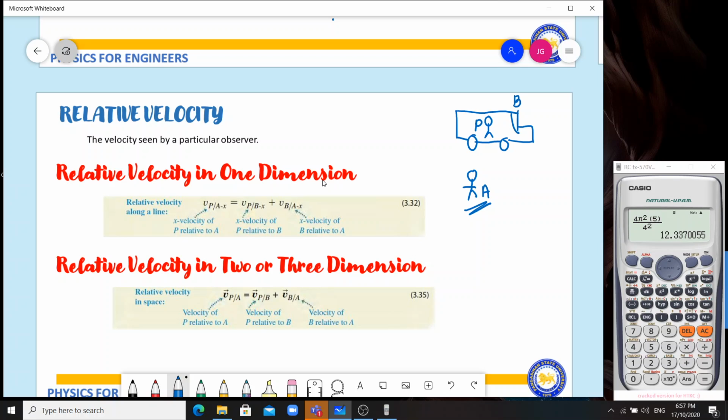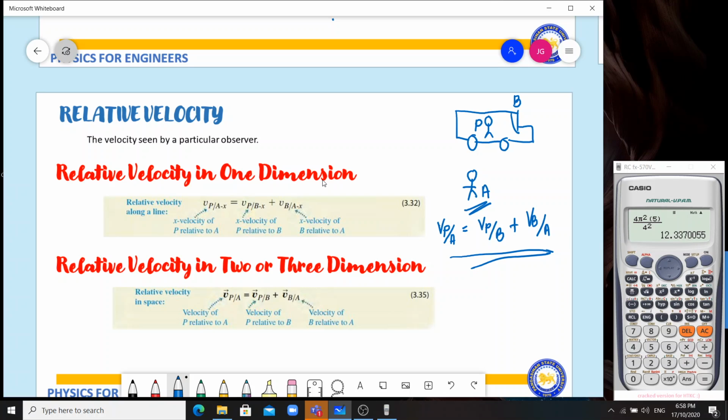Now, para makuha mo yung velocity ni passenger with respect to the observer, ito yung formula niya. Velocity nung hinahanap mo with respect to a stationary observer is equivalent sa velocity nung passenger with respect dun sa sinasakyan niya, plus velocity of the bus with respect ulit dun sa stationary. Yan yung formula.